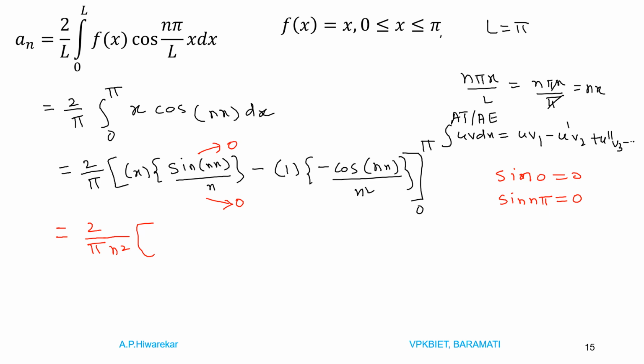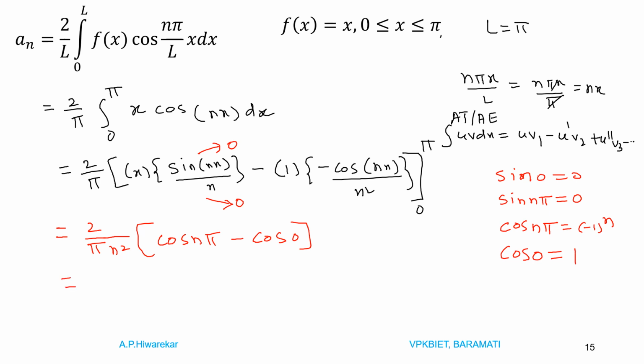Then here we apply the upper limit pi, so for the upper limit it is cos of n pi, and for the lower limit it will be cos 0. And we know that cos of n pi is minus 1 power n, and cos of 0 is 1.